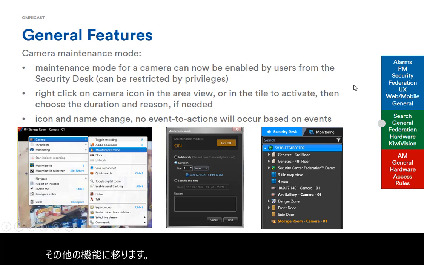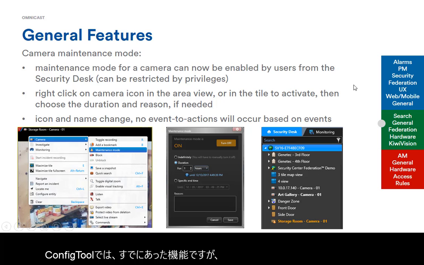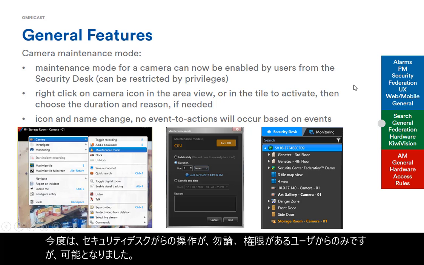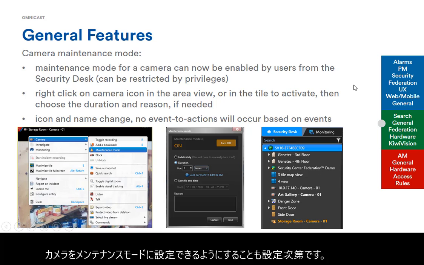Another nice general feature is that we do have camera maintenance mode available from the Security Desk now. This was something we had available from the Config Tool, but now we can do it from the Security Desk, and it can be restricted by privileges. If you don't want all the operators able to do this, you can shut that off for whoever you don't want to. It's really simple.